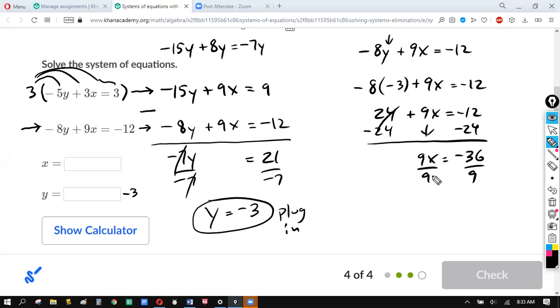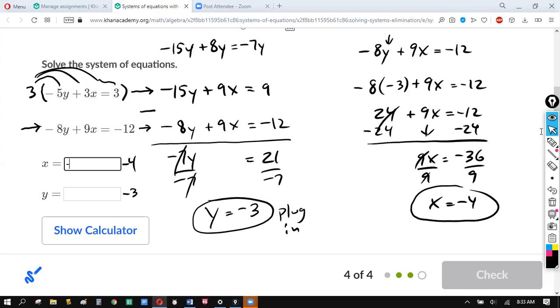Okay, dividing both sides by 9, the 9s cancel. And negative 36 over 9 equals negative 4. So negative 4 and negative 3.